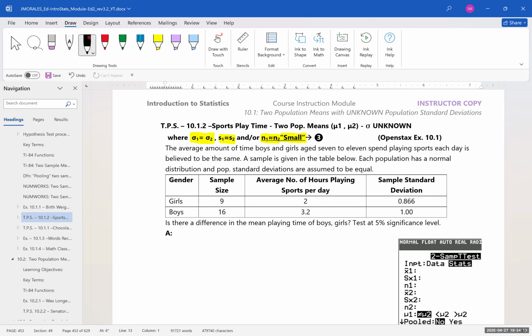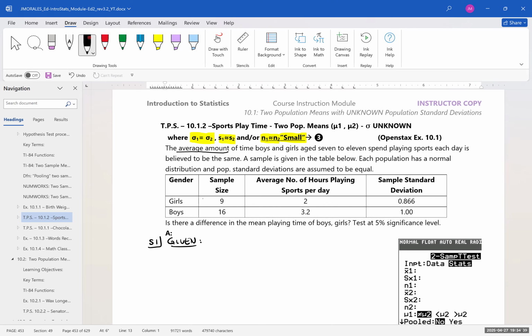Okay, so let's begin with again looking at our given information. The average amount of time between boys and girls, aged 7 to 11, is believed to be the same. A sample is given. This is actually quite nice.